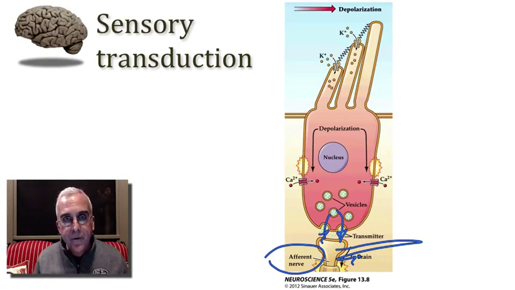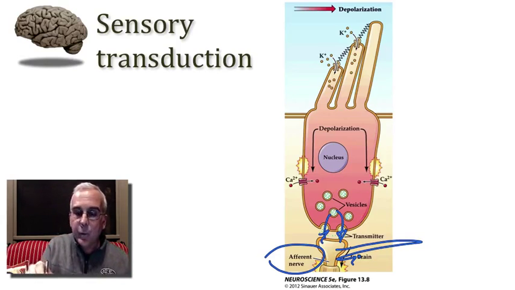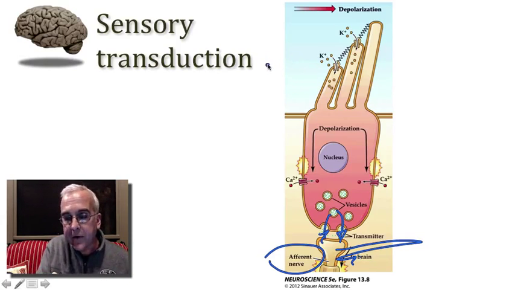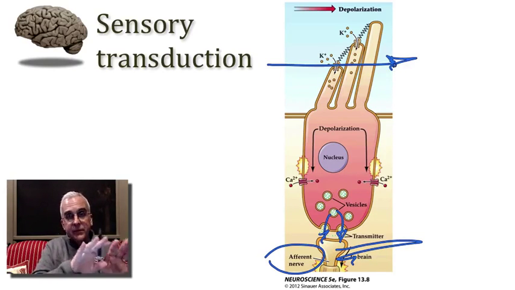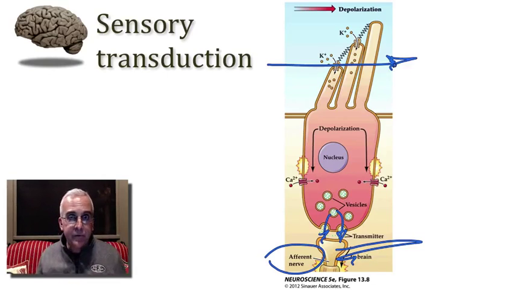Now what I've described for you is what happens when the stereocilia are deflected in a particular direction towards the longest stereocilium. That's the deflection that puts stress on the tip link, pulling open that transduction gate, allowing for potassium to flood into the stereocilium.